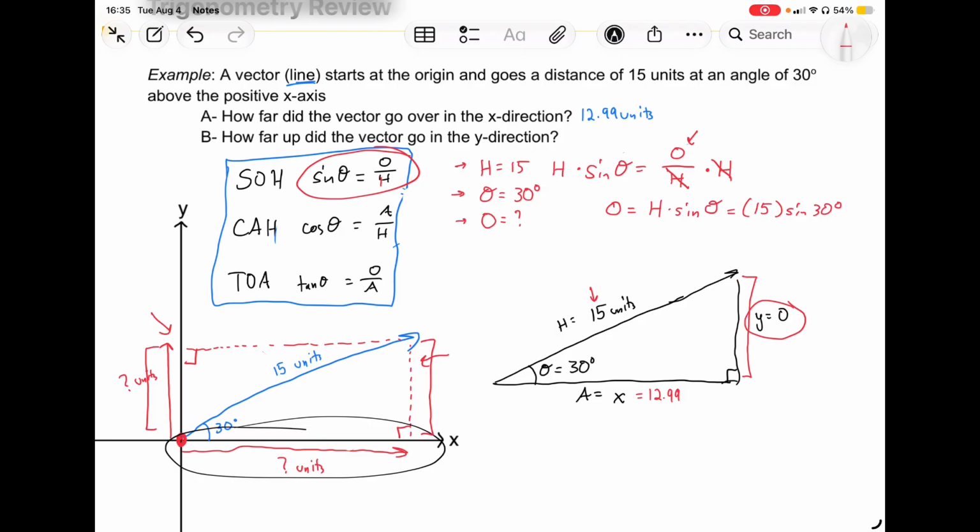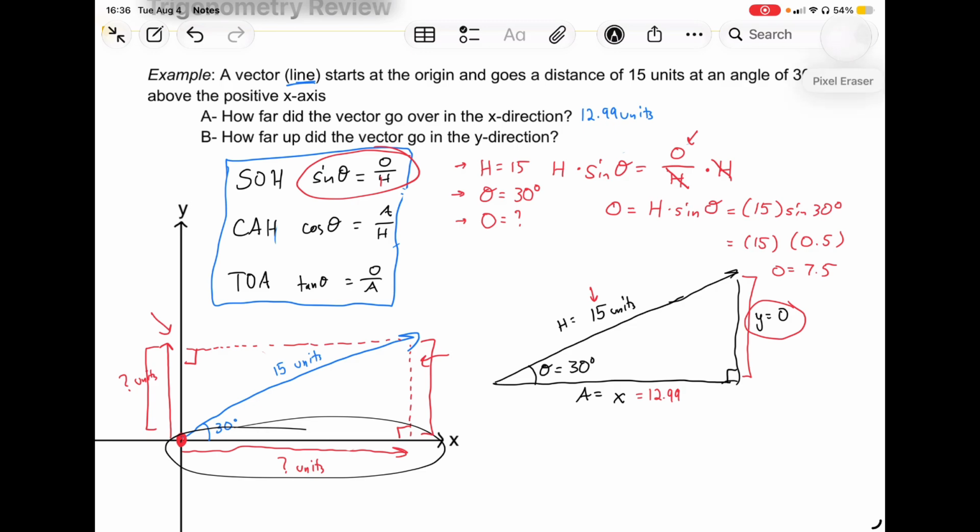Or if you are remembering back to your sines and cosines, you may already know offhand, without plugging this into the calculator, that sine 30 is actually 1/2. So we could represent it with 1/2 or 0.5. So if we take 0.5 times 15, we're going to end up with an opposite side of 7.5.